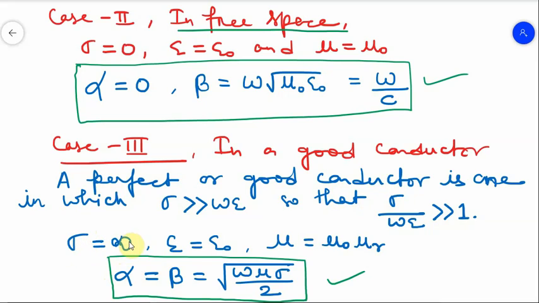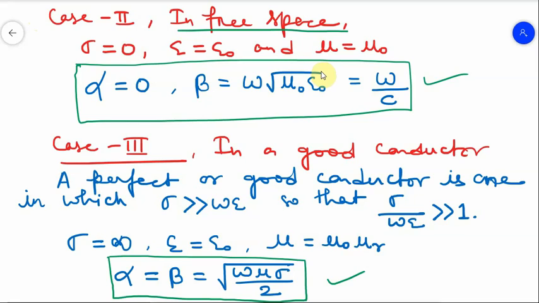So sigma equals infinity, epsilon equals epsilon 0, mu equals mu 0 mu r. Alpha equals beta in that case, and that will be equal to root over omega mu sigma upon 2. So these cases or conditions for wave propagation in different types of medium we have seen.